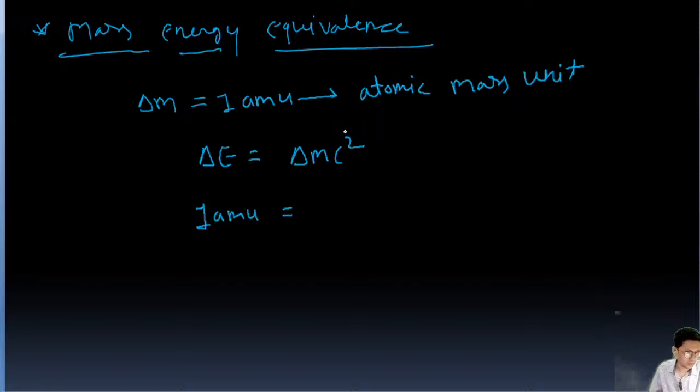This is mass energy equivalence. 1 AMU is 1.65 into 10 to the power minus 27 kg. So this is 1 AMU.